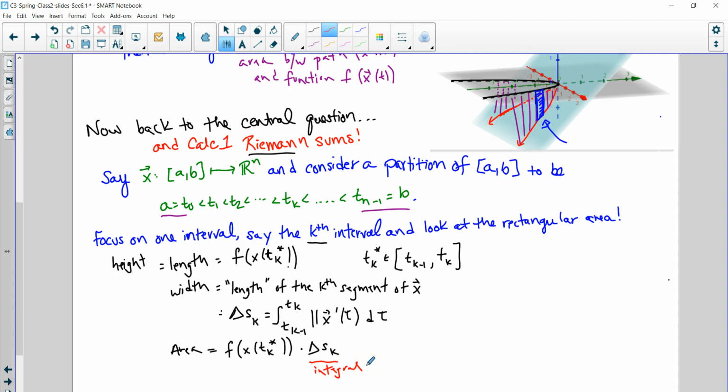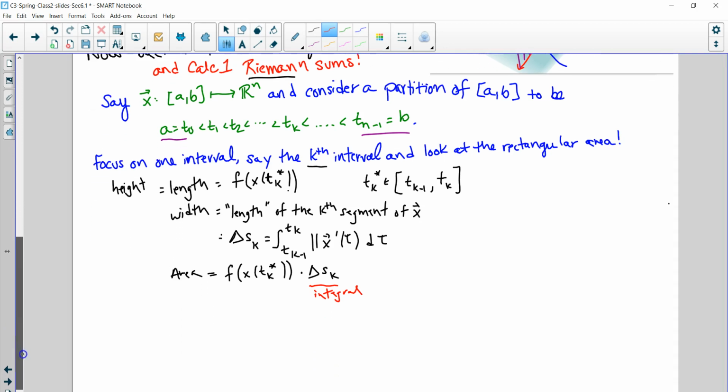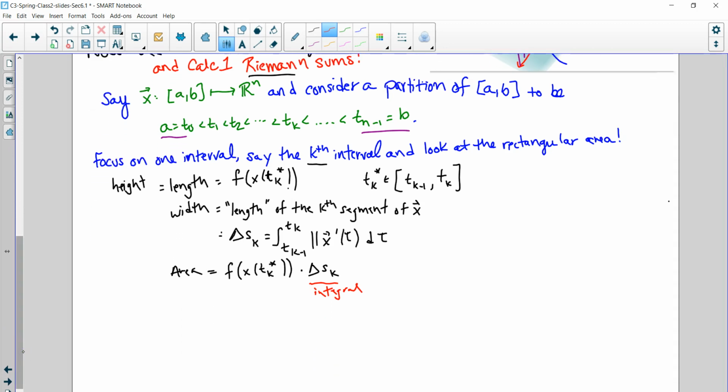Now, that was for the kth interval. So guess what we have to do? We have to find all of them.